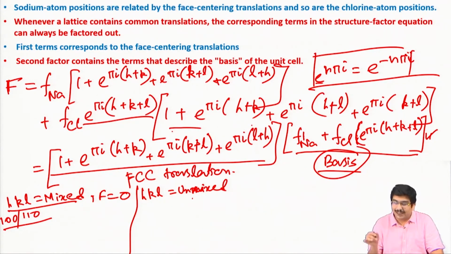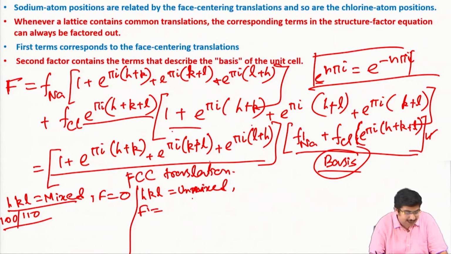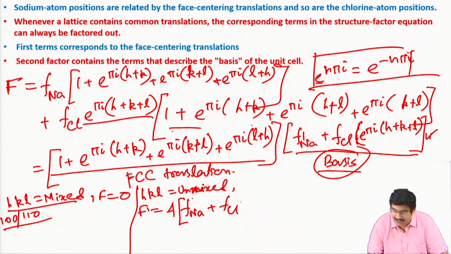In this case, there is an additional condition on top of that. For the unmixed condition, the structure factor F equals, this part is anyway giving me 4, if you remember, if it is unmixed, plus now I have this f_Na plus f_Cl and this additional term e^(πi(H+K+L)), right.